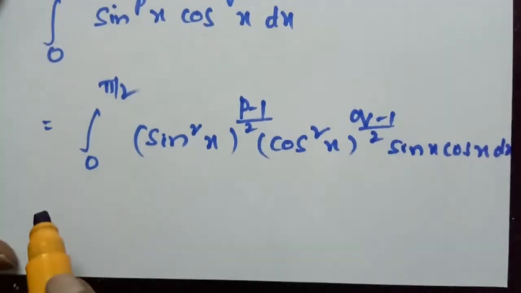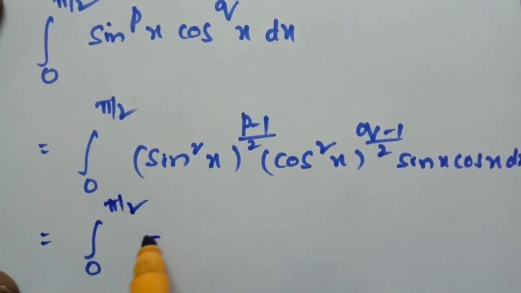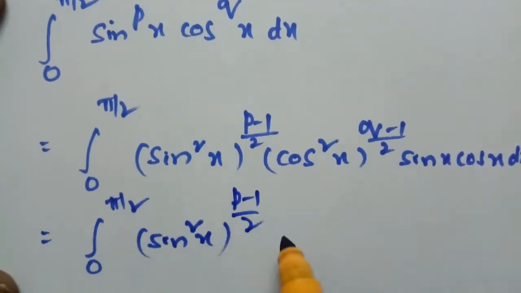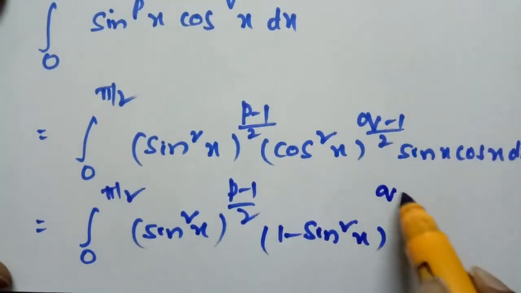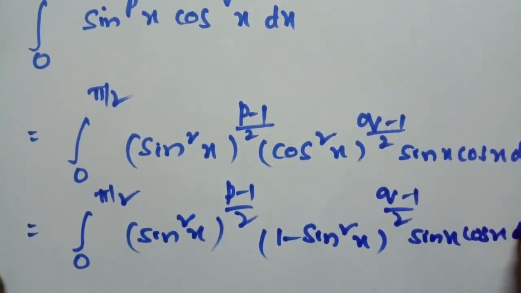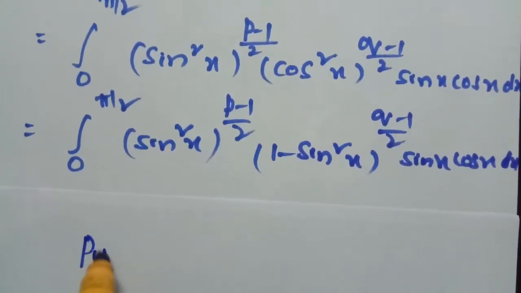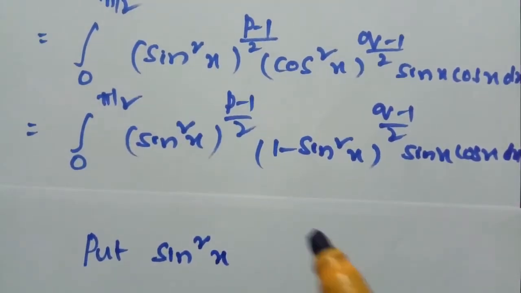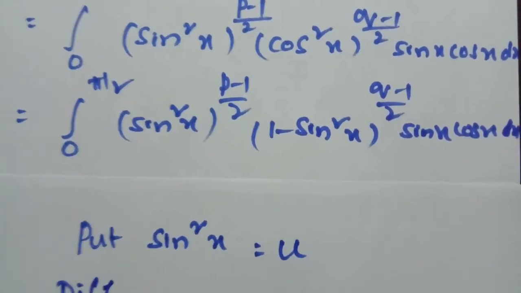Therefore, here we use integration by substitution. Here also you can write 0 to pi by 2 of (sin square x) whole to the power of (p minus 1) by 2 into (1 minus sin square x) whole to the power of (q minus 1) by 2 into sin x cos x into dx. This is integration by substitution. Put, as in the above proof, sin square x is equal to u, differentiating on both sides.